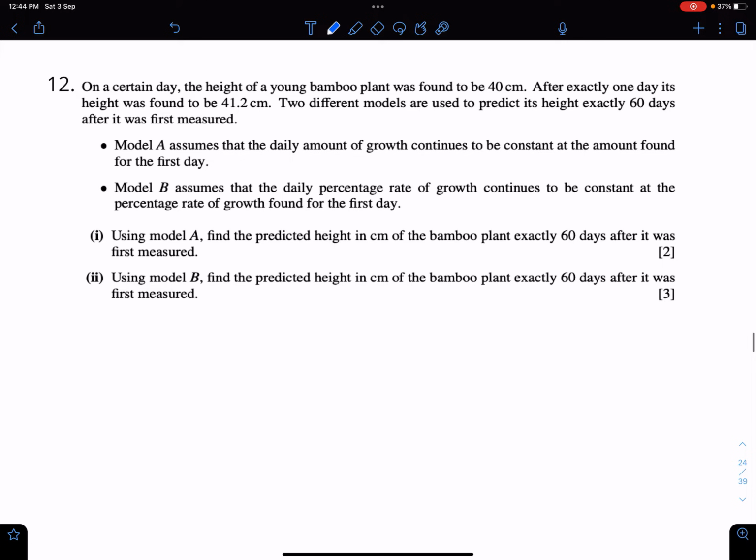On a certain day, the height of a young bamboo plant was found to be 40 centimeters. So this is A. After exactly one day, its height was found to be 41.2. This is T2. So A is 40, first term is 40, second is 41.2. Two different models are used to predict the height exactly 60 days after it was first measured.